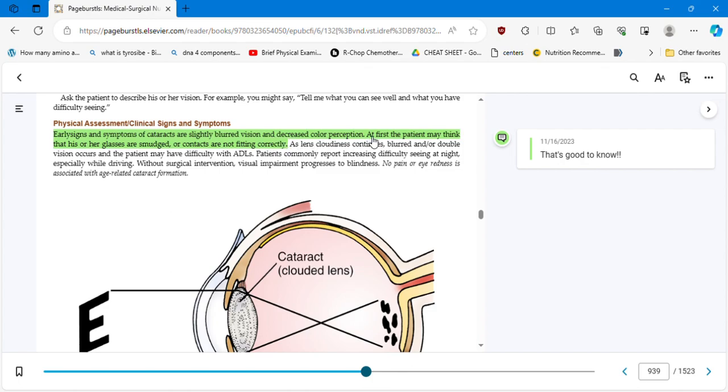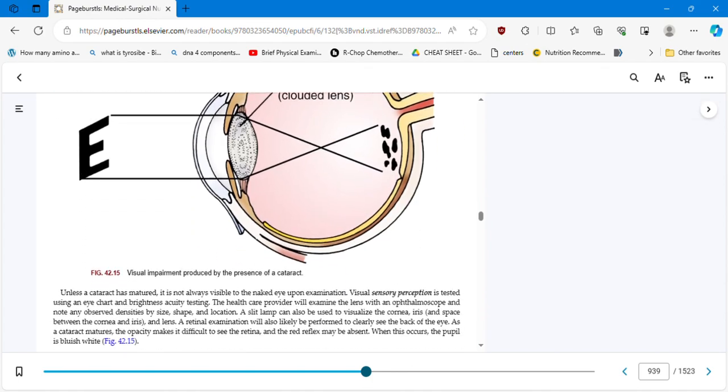At first, the patient may think that his or her glasses are smudged or contacts are not fitting correctly. That's good to know. This is coming in the exam.